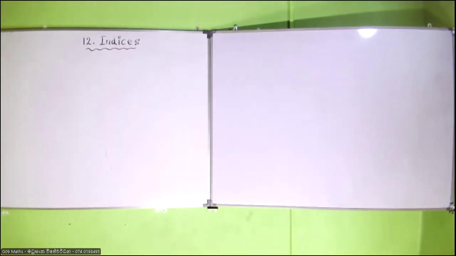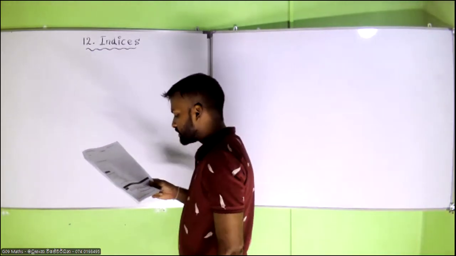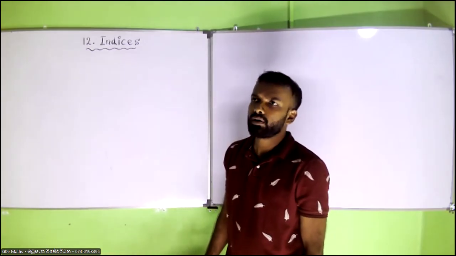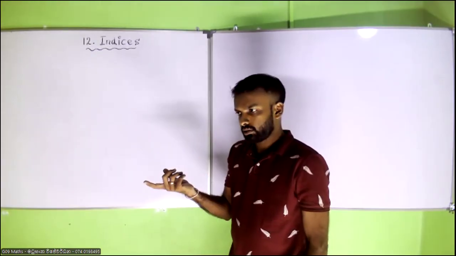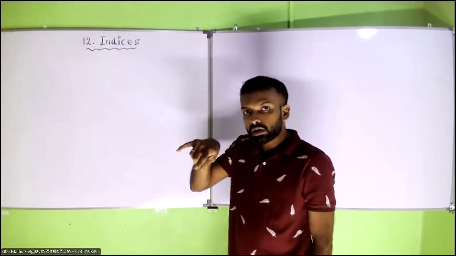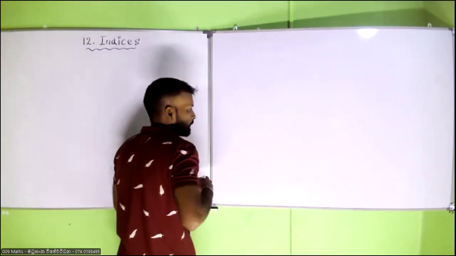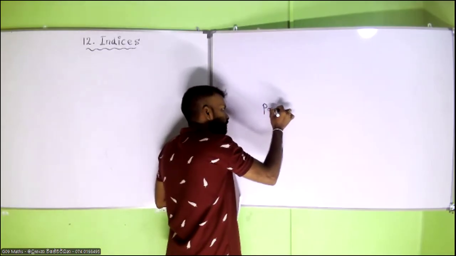Small thing I want to say: products of powers with the same base. Product of powers. First of all, we have to get a product. Product of what? Powers. For an example, if I explain, don't write.